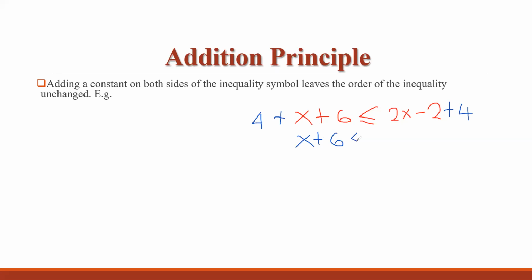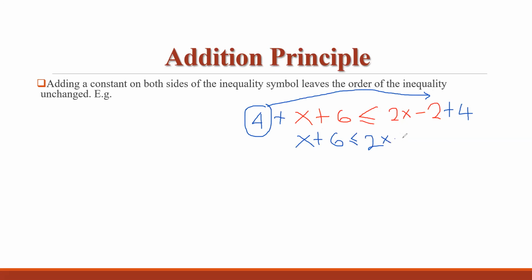For example, when you try to remove this 4, it's going to cross the inequality sign to this side. Since it is positive, what is it going to become? It's going to become negative.